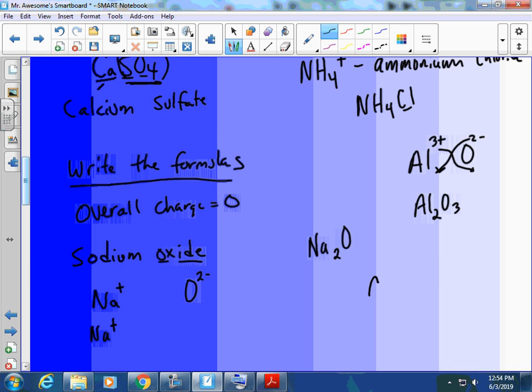What if I had calcium oxide? Calcium makes a 2+ because it's in group 2. Oxygen makes a 2-. If I did this, that would be wrong. It would just be CaO, one of each, right? One of each means their charge is balanced, CaO. Okay?